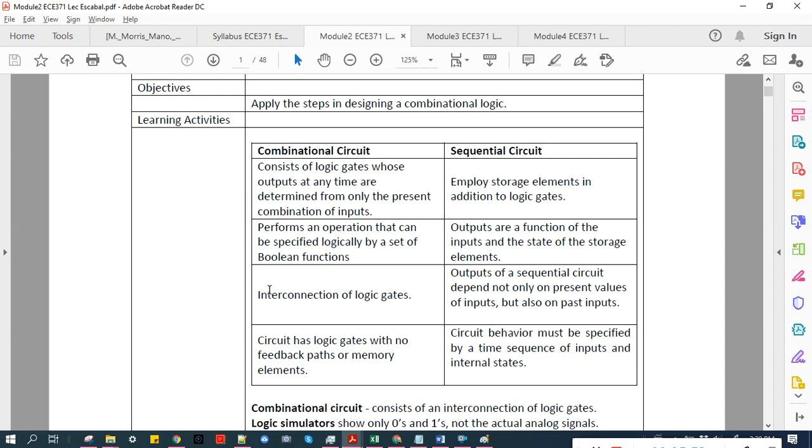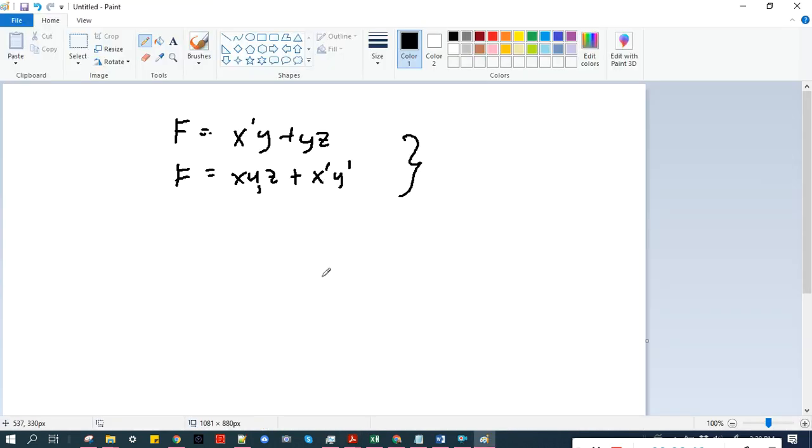Combinational circuit is an interconnection of logic gates. While the outputs of a sequential circuit depend not only on the present values of inputs, but also the past inputs. So if we have this circuit, and we have the output, say Y, there's a feedback.